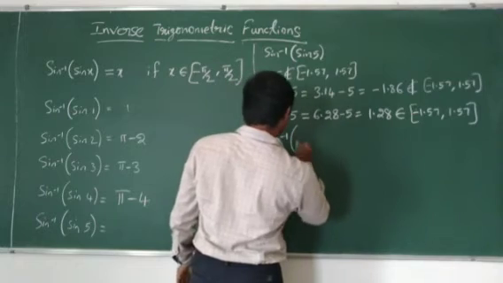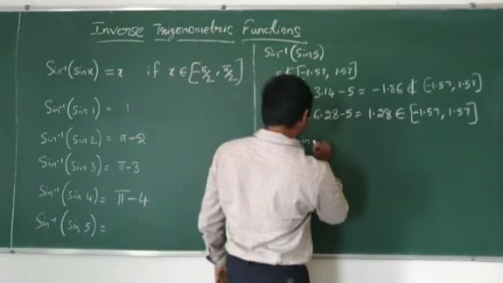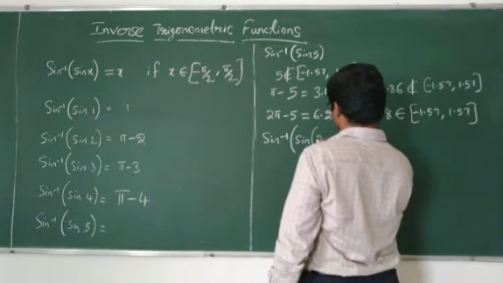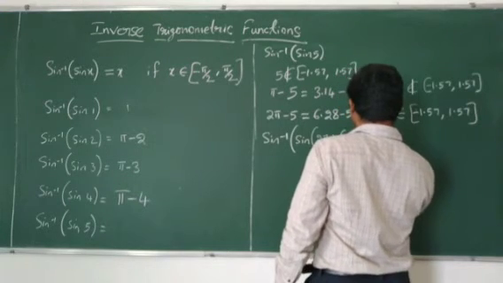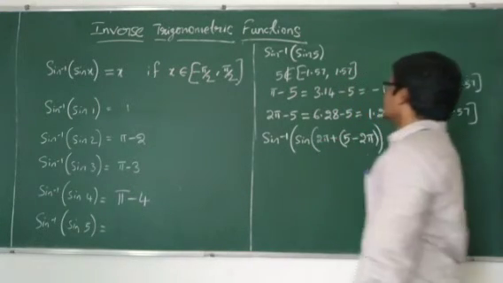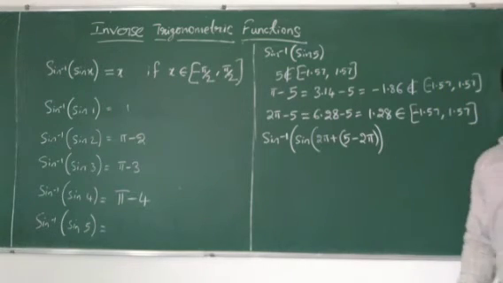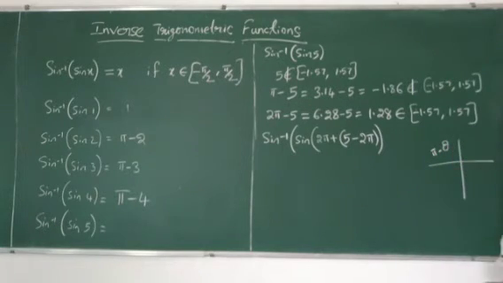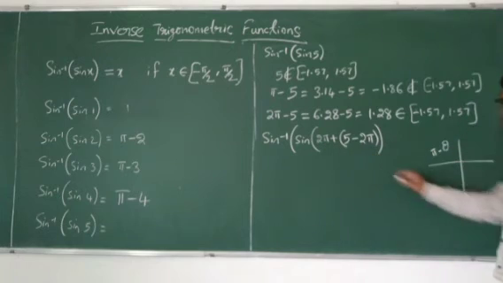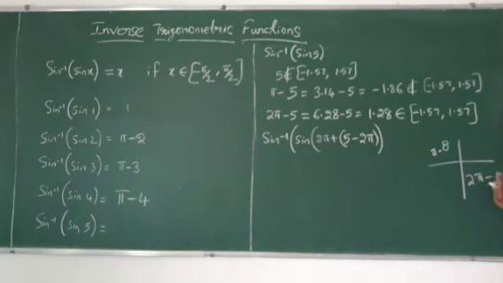Sine inverse of sine of... if you carefully observe, in the previous problems I have taken pi minus theta, but here I am taking 2 pi plus theta. Why am I taking pi minus in those, and 2 pi plus theta here? In the first quadrant, sine is positive.